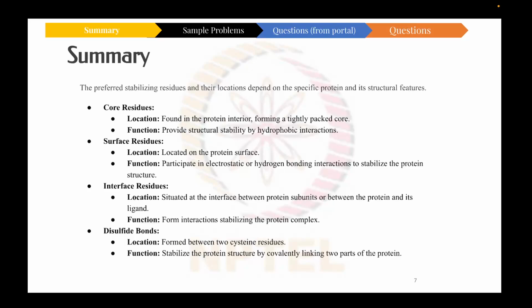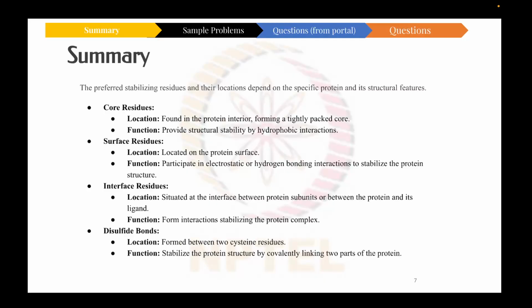Next we have surface residues. These are charged or polar residues located on the surface of the protein where they participate in electrostatic or hydrogen bonding interactions that stabilize the protein structure. Surface residues can be predicted using methods such as electrostatic potential analysis or conservation analysis of surface residues.